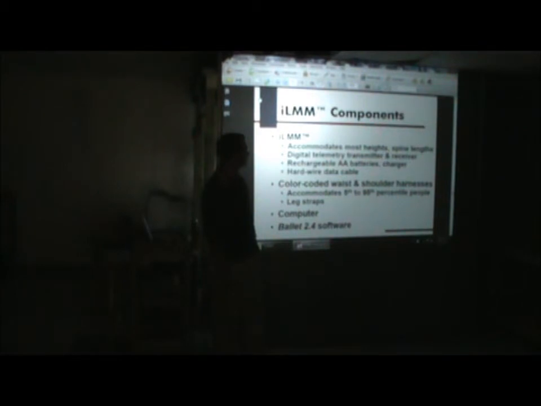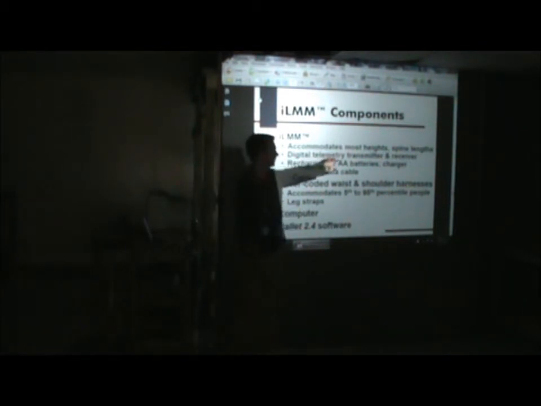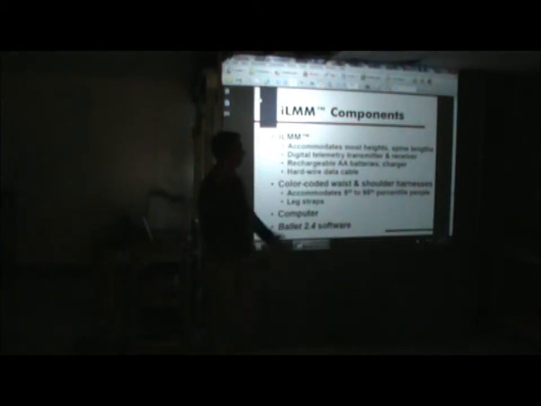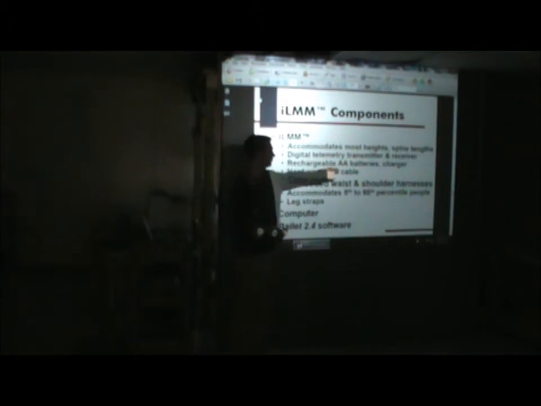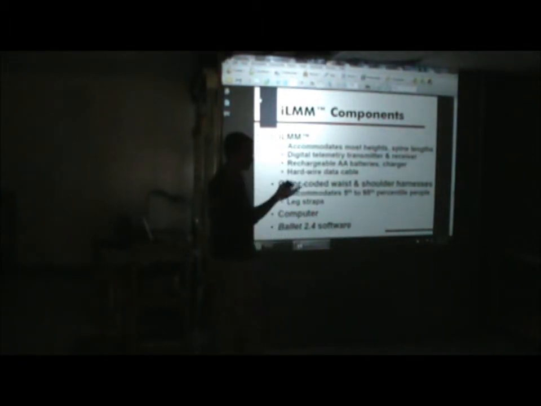Okay. Again, it is telemetry, so you don't have to use a cord or wire, even though you do have that option if you need to. Right now it's on rechargeable AA batteries. It does come with a charger. You have 2 sets of batteries in here, so you have a backup. And really, you shouldn't even have to change these out, but even collecting data, I believe they told me that they collected data for like 3 days straight and still didn't have to charge the one battery pack.